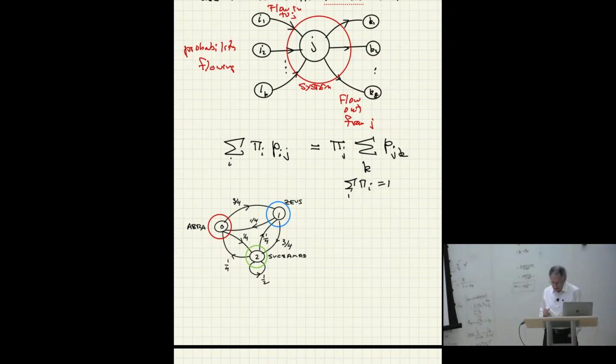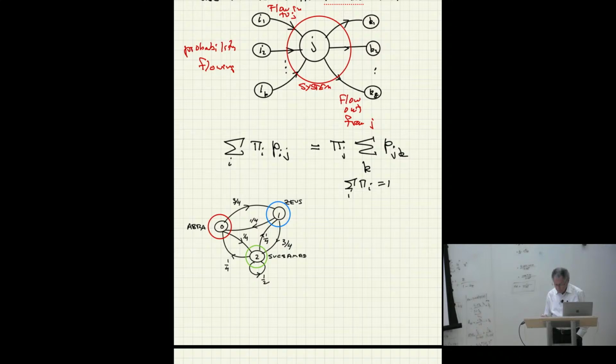Now, let's do this equation that I've written up here for each of those states. And the things I'm looking for are these equilibrium probabilities pi sub i. So let's look at the red state, and I'll write this in red. The red state says what? That what's flowing in?